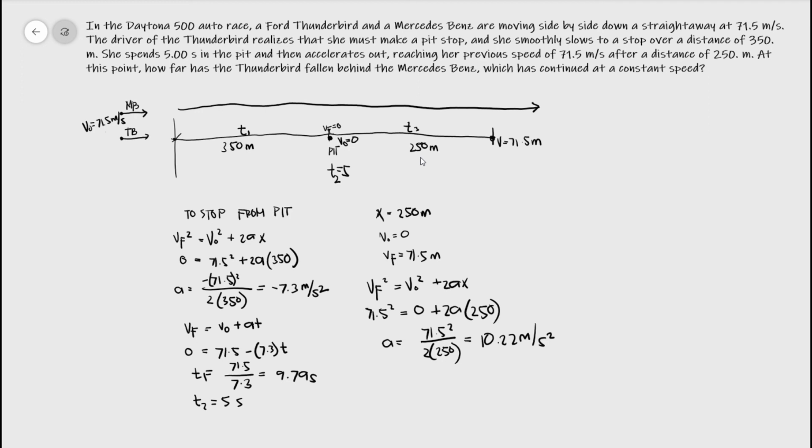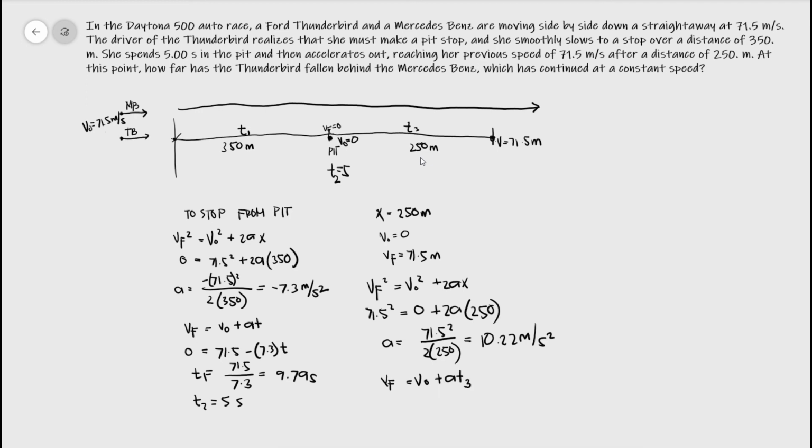And since we have the acceleration, we can now get the time it took for the Thunderbird to reach this point. Up to this point, we have t sub 3 using the kinematic equation Vf is equal to Vo plus at sub 3.